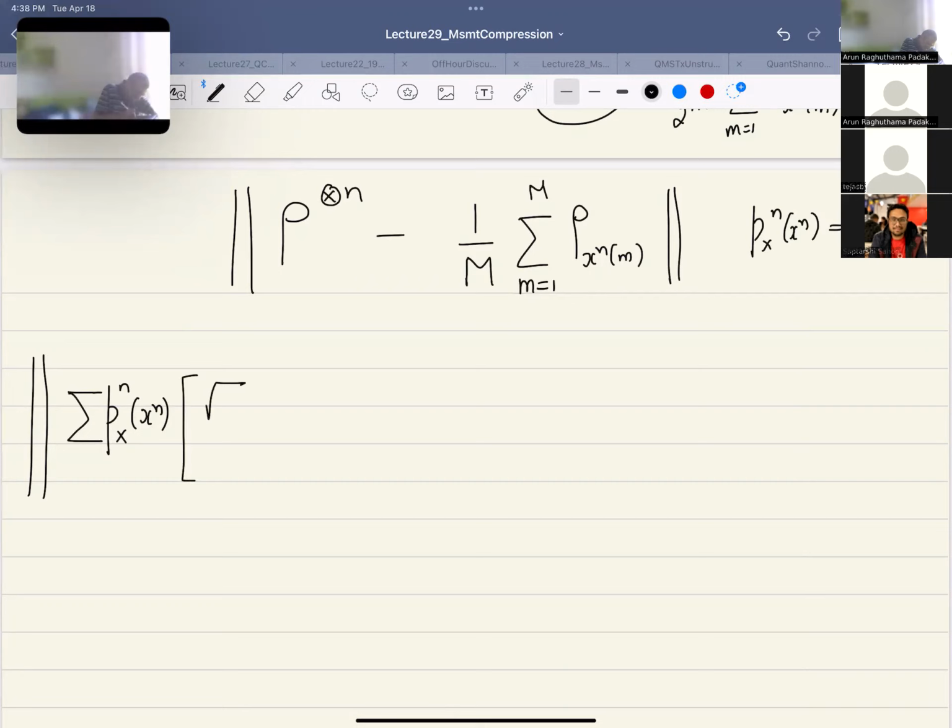Root rho tensor n Lambda_{x^n} root rho tensor n divided by trace. I should say P_{X^n} of x^n, tensor x^n x^n.